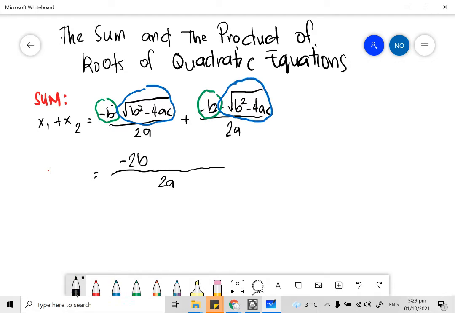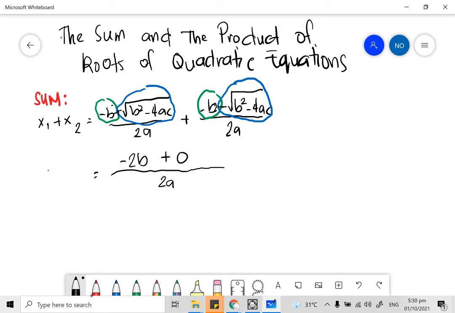Take note class take note of the sign, yung isa ay positive at yung isa naman ay negative. Okay? Ngayon, dahil unlike sign sila, so magma-minus tayo. Pag minus natin sila, anong mangyayari? Anong magiging result? Eh di 0.